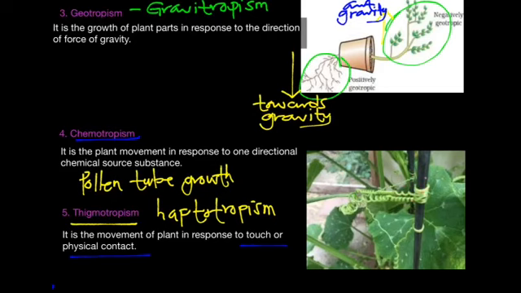You can see this a lot in other plants like morning glory, that is Ipomoea. That is one of the plants that exhibits sigmotropism.